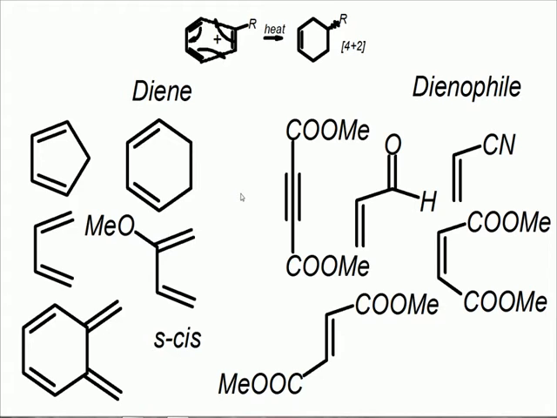So let's take a look at a couple of examples here. Oh, one last thing before I forget. You would think that this would be a pretty good dienophile. Right, that customer right there. That is a ketene. So it's a double bond on a double bond.